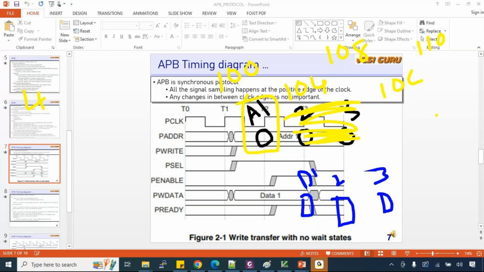That's okay. Other than that, AXI has one very powerful concept called ID, the identification signal. That makes AXI support a lot of things.